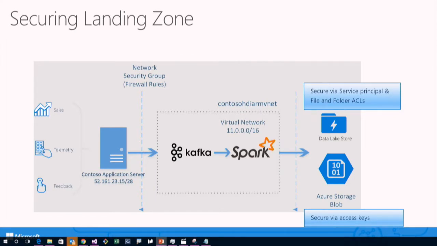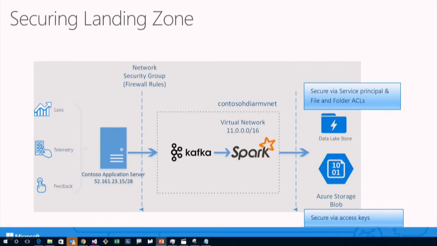How were they able to do that? They were able to put the Kafka clusters and even the rest of the clusters inside of a virtual network, or a VNet. And that VNet was secure in nature because it had network security group rules implemented which would allow access to only a few IP addresses, in this case, just the one application server IP address as part of the network security groups.